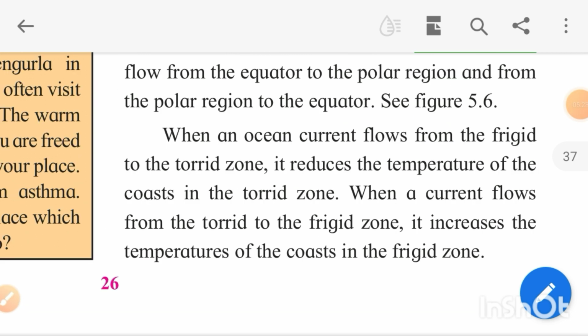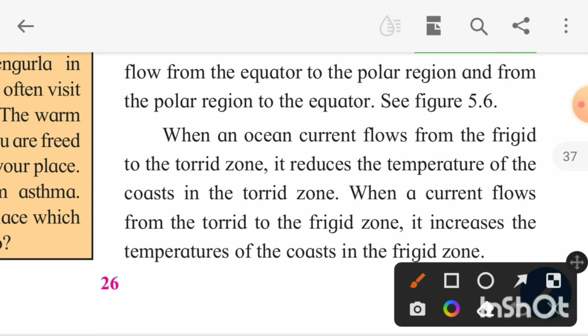Let's see. When an ocean current flows from the frigid to the torrid zone, frigid and polar region are the same. Frigid means cold region, where there is snowfall, and torrid zone means that particular area where sun rays are perpendicular, the area which is near the equator.